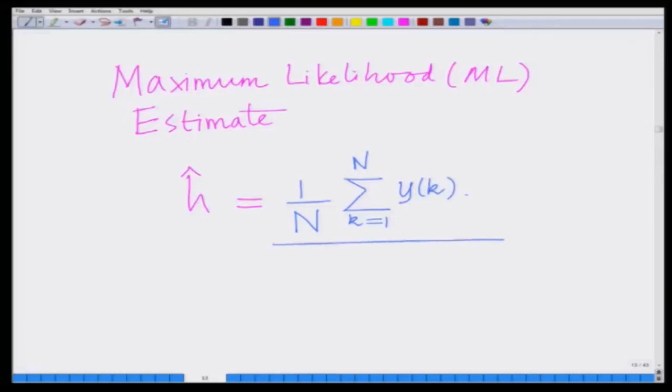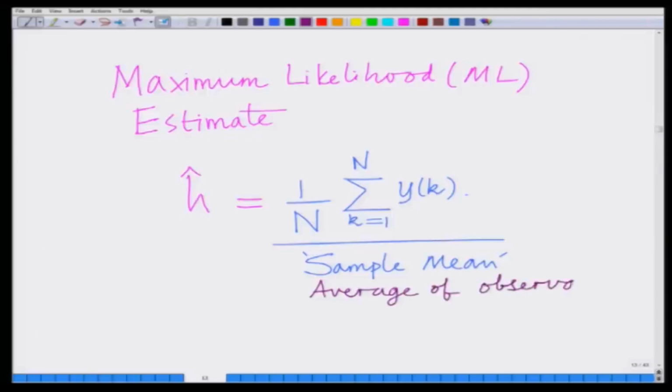This is also known as the sample mean, or simply the average of the observations y1, y2, yn. This is h hat, the maximum likelihood estimate.